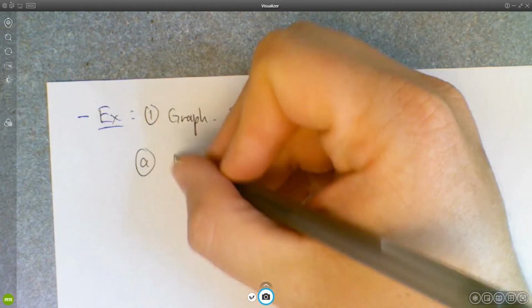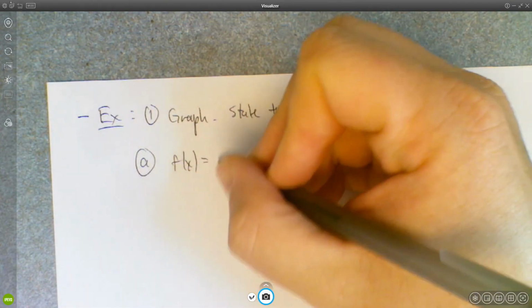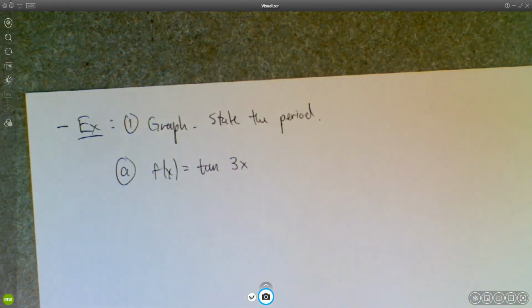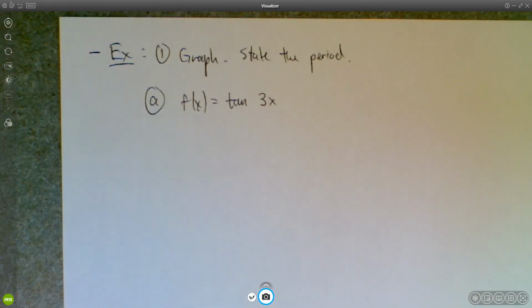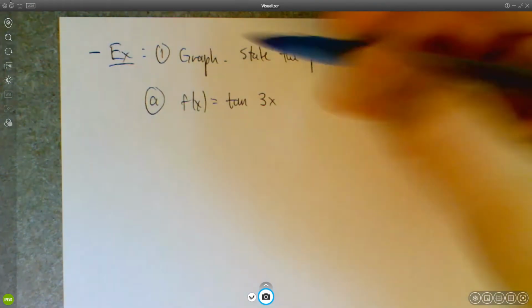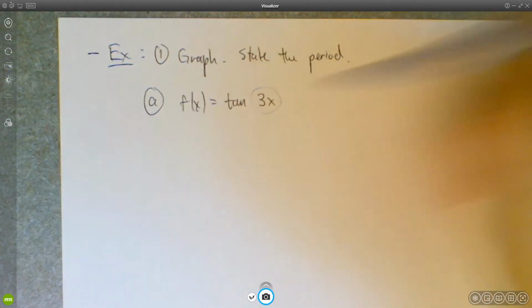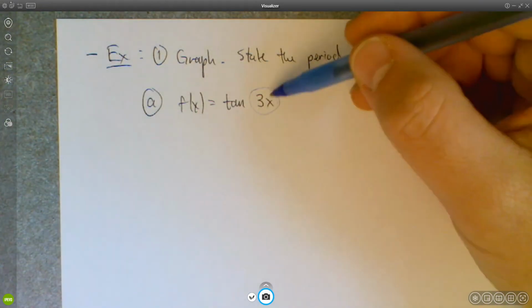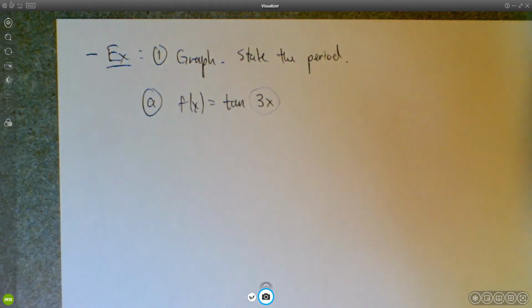Let's do f of x equals tangent of 3x. Okay, so this starts off very similarly to the way that we graphed the sine and cosine functions. We're going to take the argument here, and we're going to place it between the lower and upper bound of the standard period of the function. And what's different is that the standard period for tangent is different.